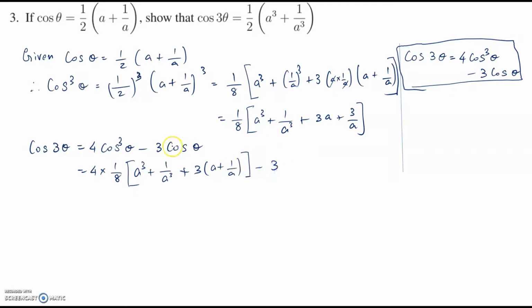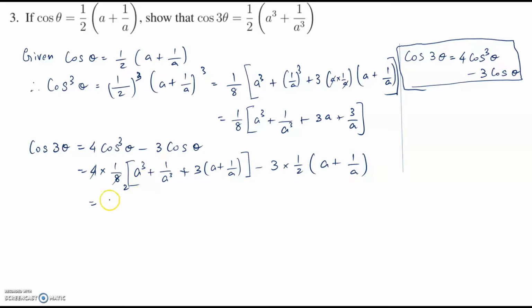minus 3 times of cos a is half into a plus 1 by a into 1 by 2 into a plus 1 by a. Further rewriting this will get cancelled. This will be a half.